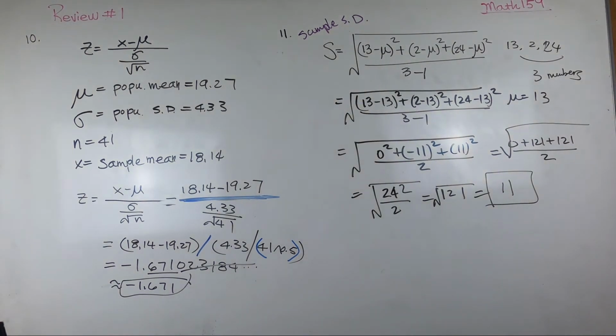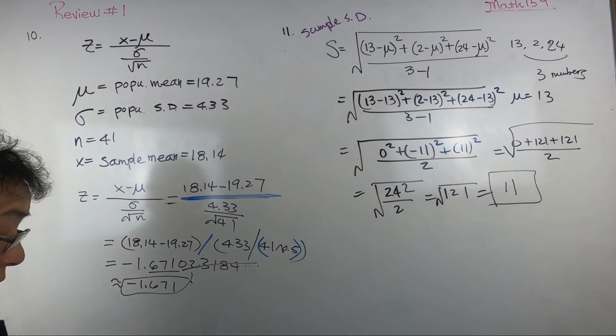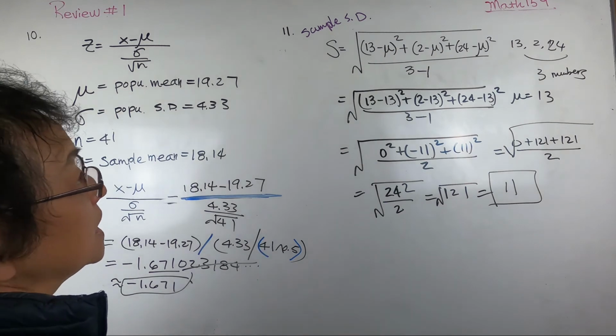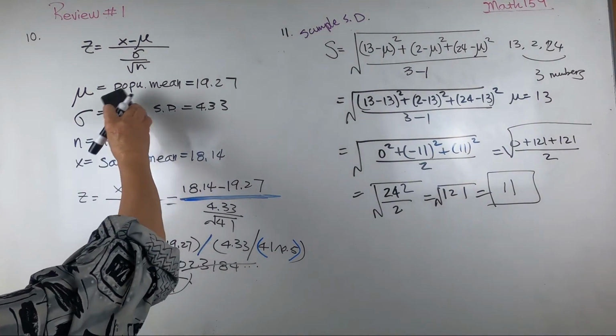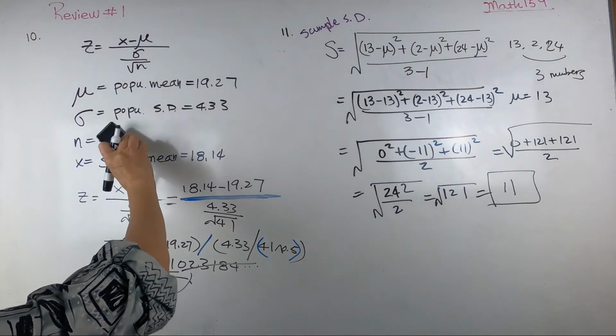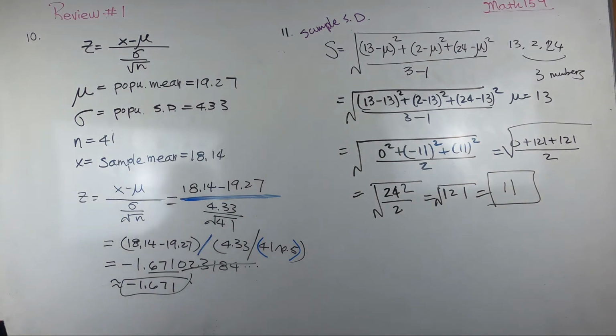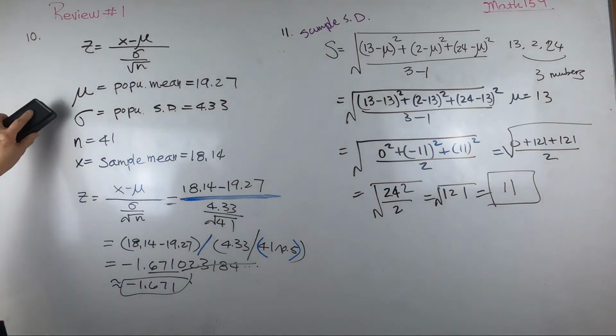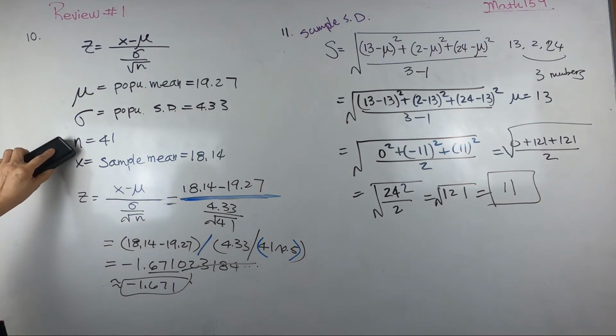So what are we doing? Practicing the plug-in. At the same time, you learn the terminologies: population mean and population standard deviation. We use the symbols mu and sigma for those. Sample size is your n. Sample means your surveyed data.